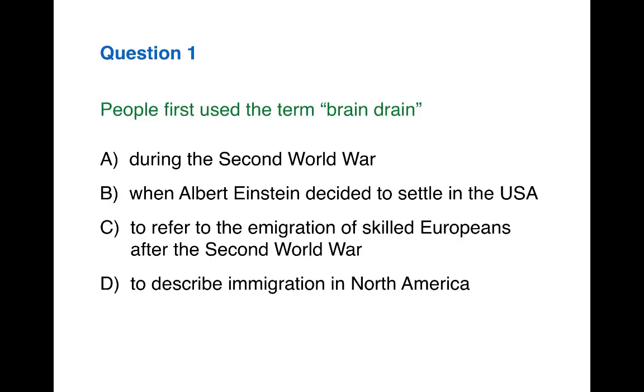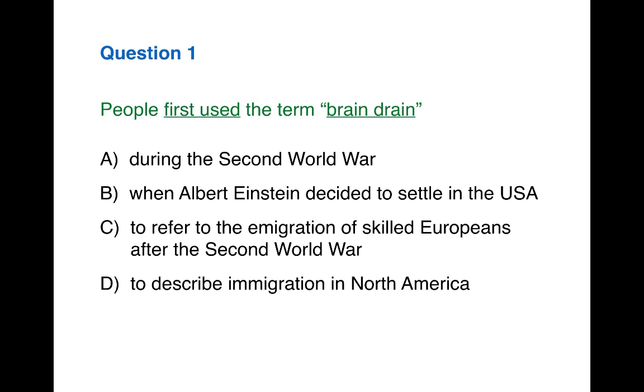Question 1. And it's a multiple choice question with 4 choices, A, B, C and D. And as we read through this question, we're going to underline keywords, both in the question part at the top that I've put in green, and also keywords in all 4 choices. Here we go. People first used the term brain drain.